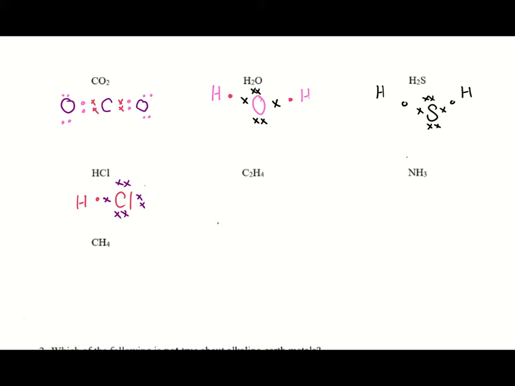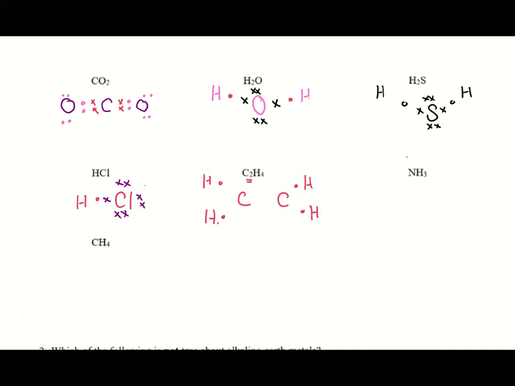C2H4. How can I organize this molecule? Very simply, you can recognize that it should be like this. 2 carbon atoms in the middle, and each carbon will bond to 2 hydrogen. You know that hydrogen shares 1 because there is no other option for it.